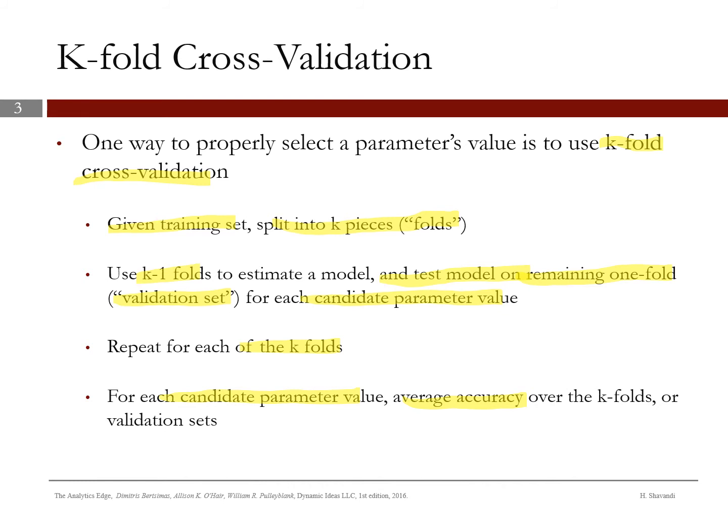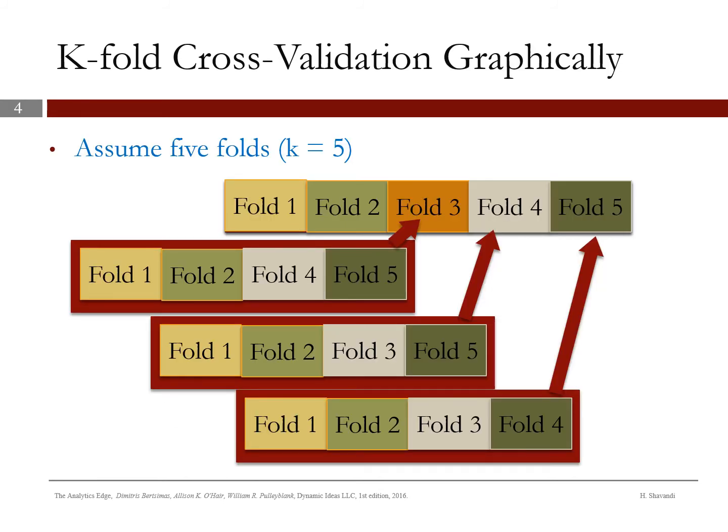Let's have an example. Let's assume that we have 5 folds. Here we are using folds 1, 2, 4, and 5 in order to estimate fold 3. Or here, we're using folds 1, 2, 3, and 5 to estimate fold 4.